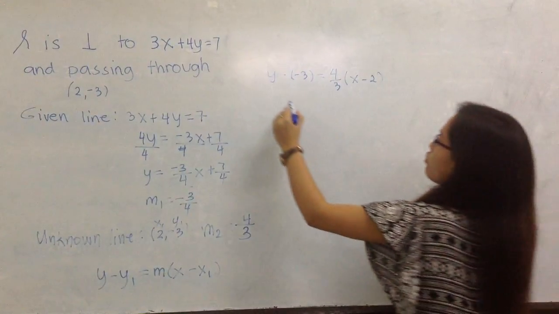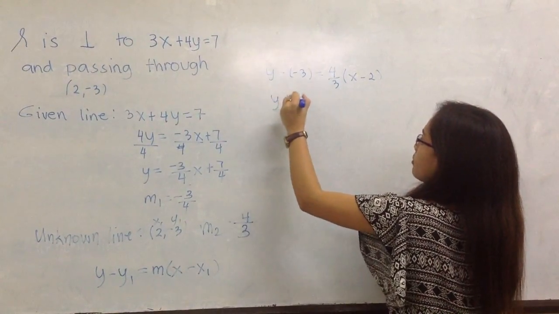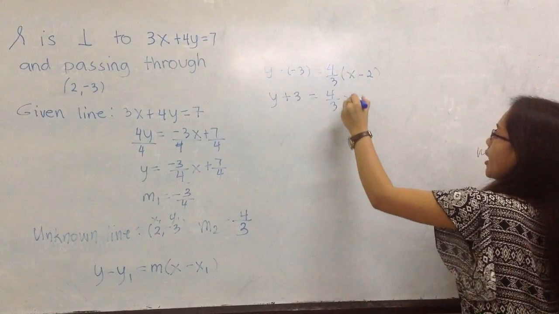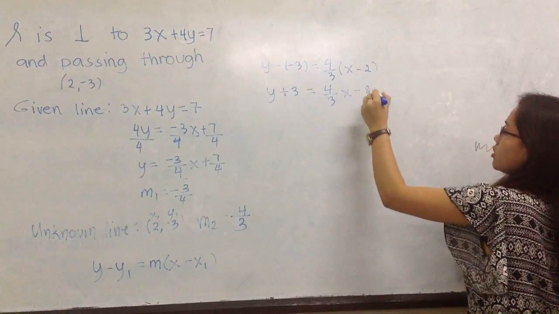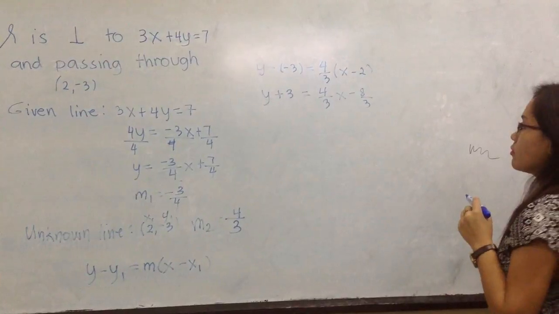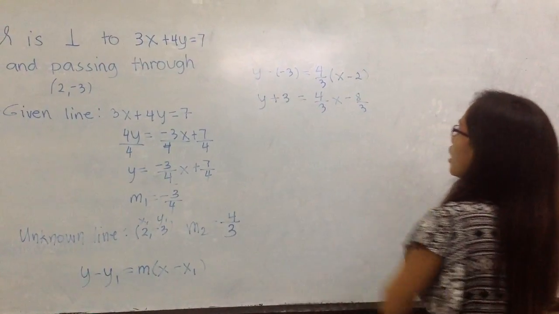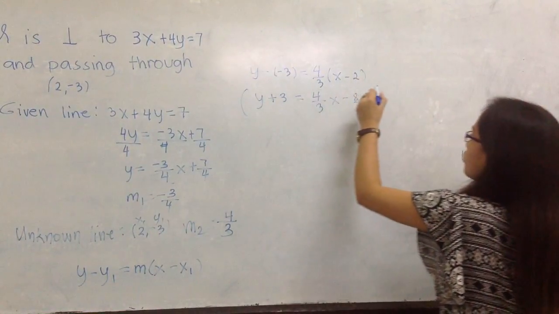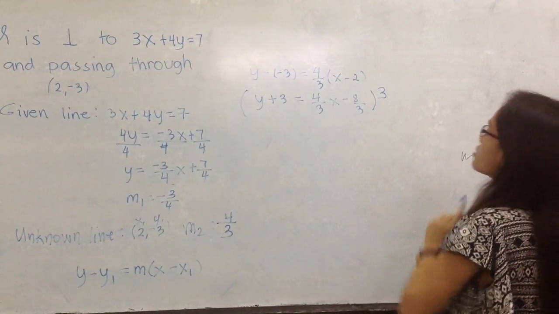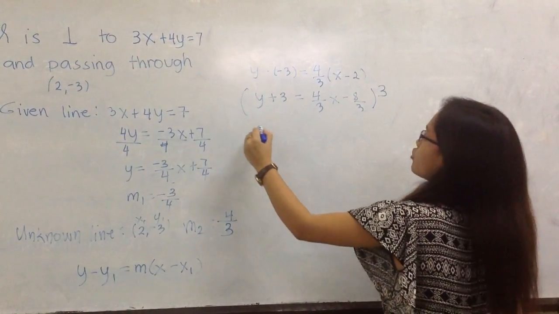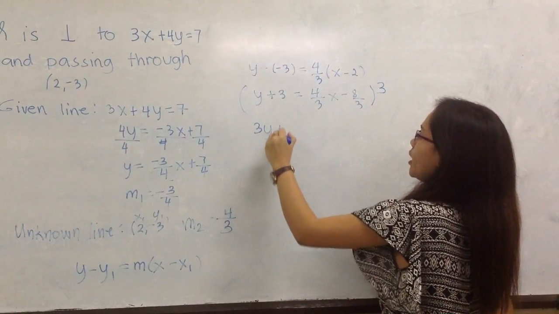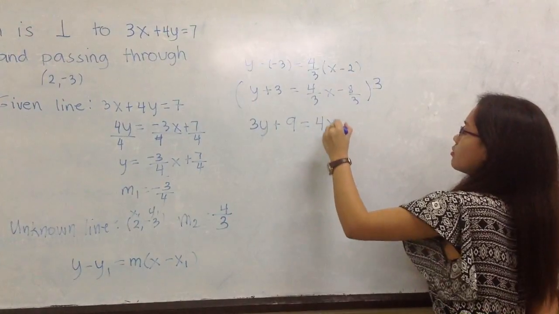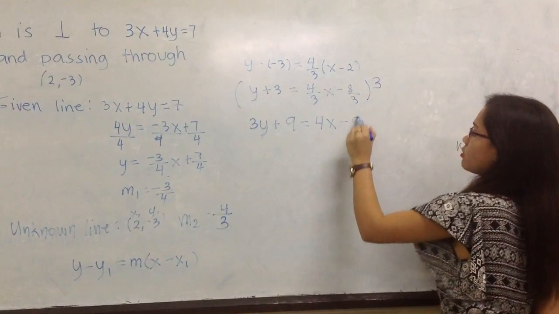So let's simplify further. y plus 3 equals, distributing the 4/3, 4/3 x minus 8 over 3. And then, let's first multiply this whole equation by 3 to simplify. So this will become 3y plus 9 equals 4x minus 8.